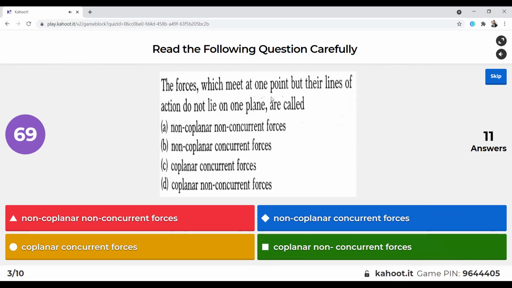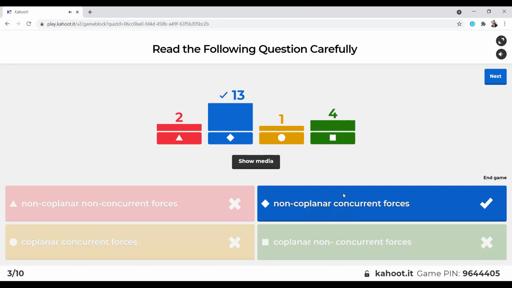The forces which meet at one point, but their lines of action do not lie on one plane, are called... It will be non-coplanar concurrent forces.